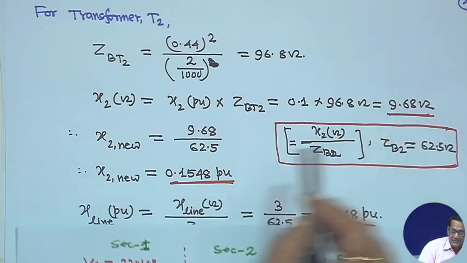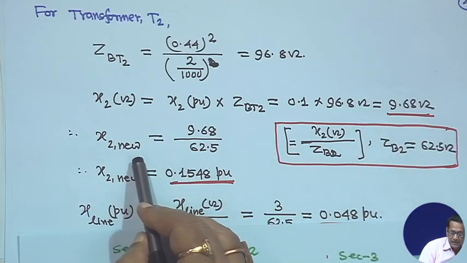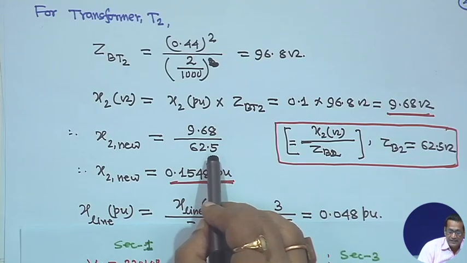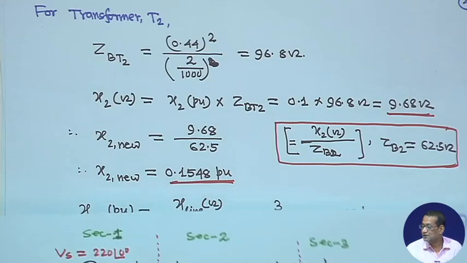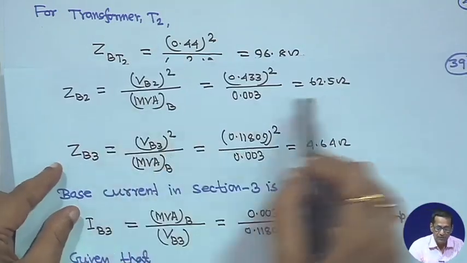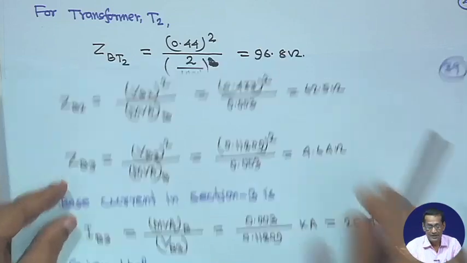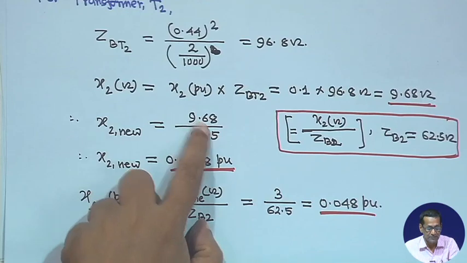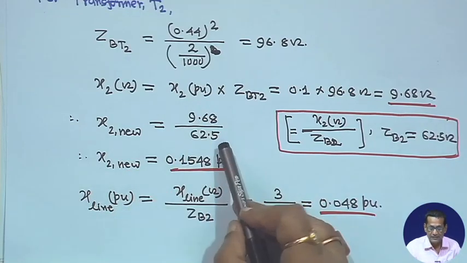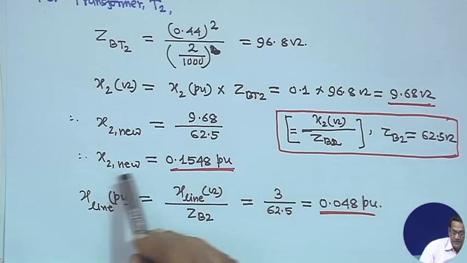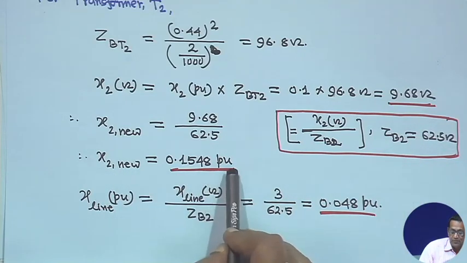That means x2 new is obtained using the new base impedance. For section 2 we have got ZB2 as 62.5 ohm. Therefore, the new value of the reactance of transformer 2, x2 new, is 9.68 upon 62.5, that is 0.1548 per unit.